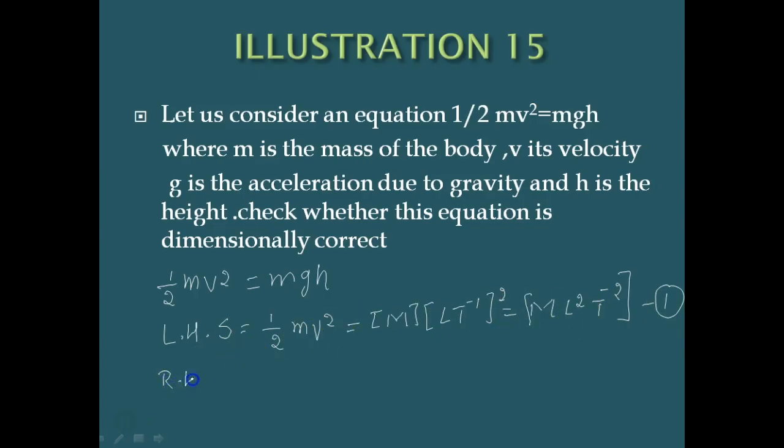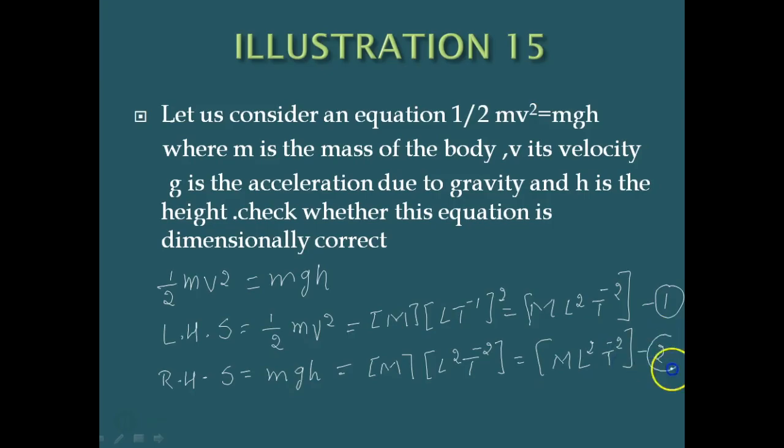If we consider the RHS, that is given by mgh, and again for m we have the dimension M, and for g the dimension is given by L T raised to minus 2, and for h, L. The final result is M L square T raised to minus 2.